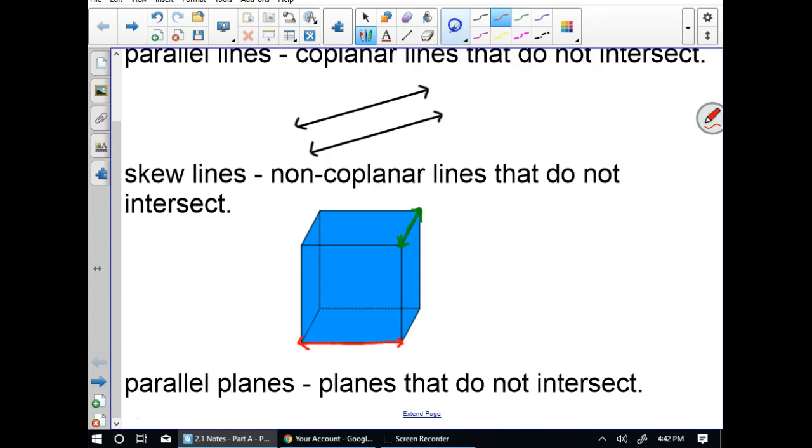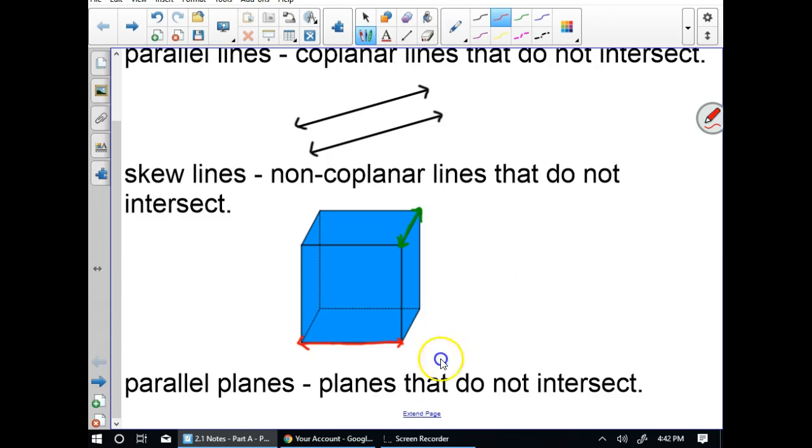Those two lines are never going to intersect, but they do not lie in the same plane. This is in the top face, which is the top plane. This is in the bottom plane. They don't look like they're parallel, but if you think of them in 3D space, they're never going to intersect. There are some other examples of coplanar lines we could give from the same figure.